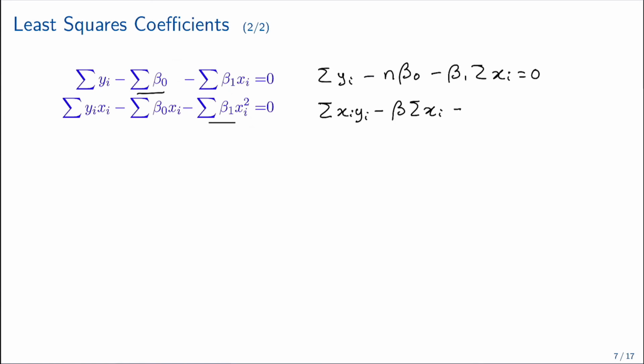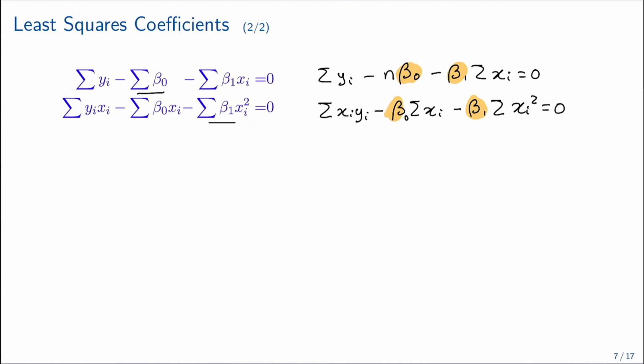So we have minus beta 1 multiplied by the sum of xi squared equal to 0. Now remember, our variables are beta 0 and beta 1.